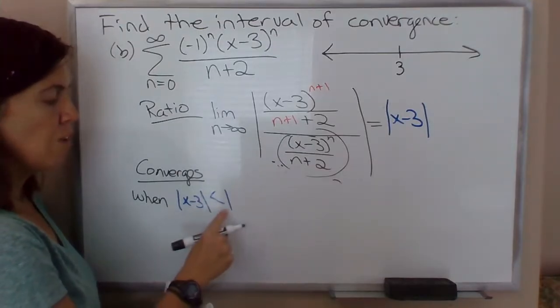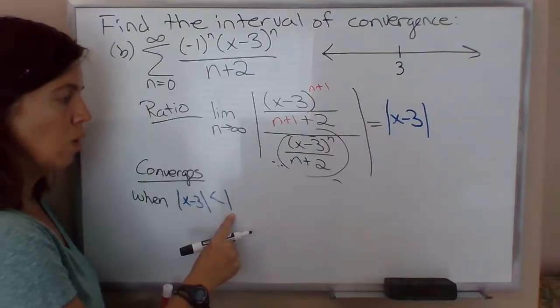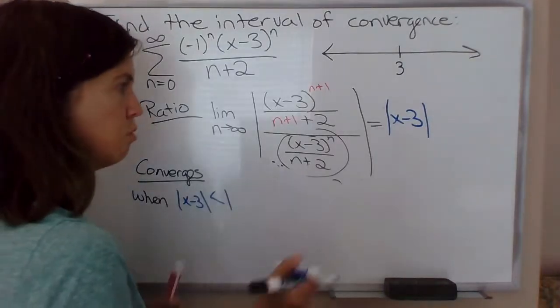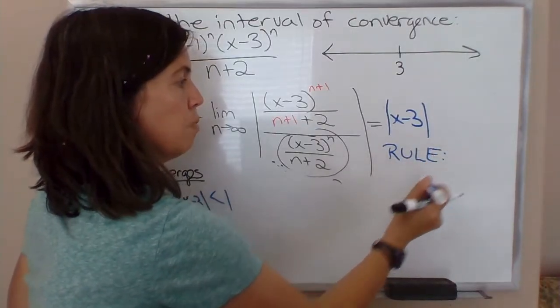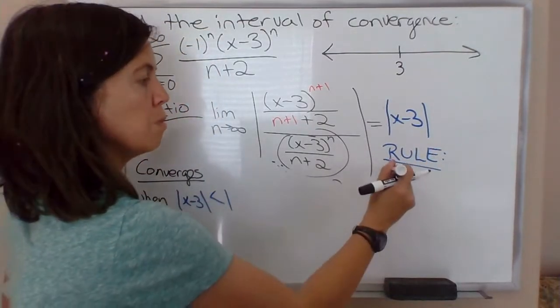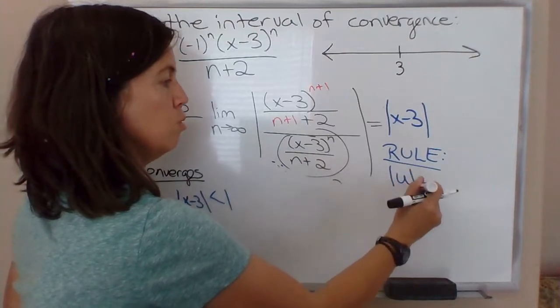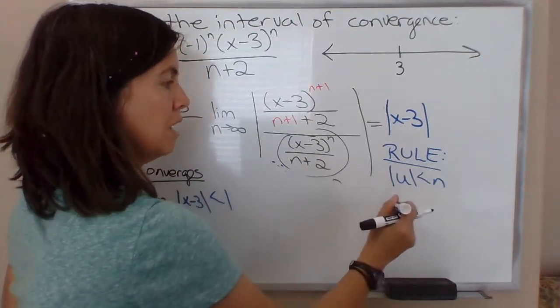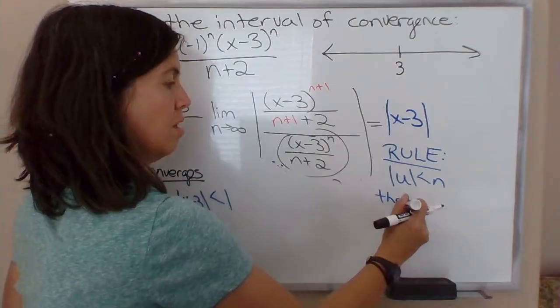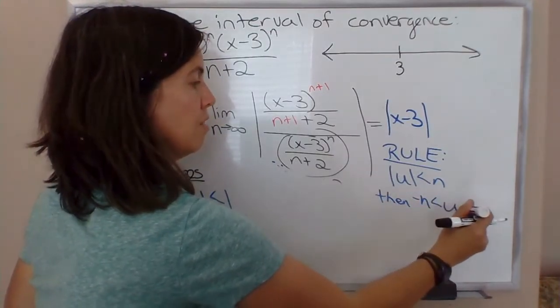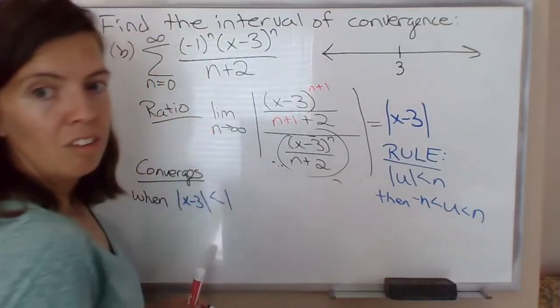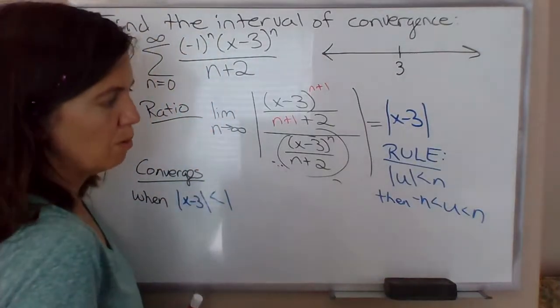If you have absolute value less than a number, then let me write a rule for you off to the side here. The rule to apply in these absolute value problems: if the absolute value of u is less than a number n, then that expression u is between positive and negative n, whenever n is a positive number.